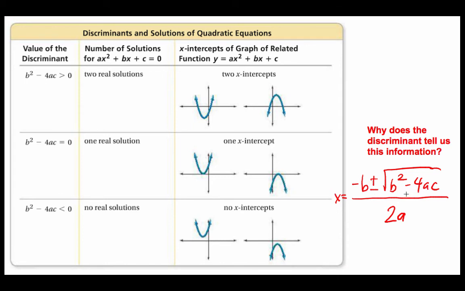That's where the two solutions come from. If the discriminant equals 0, we have negative b plus or minus 0, so the result is negative b over 2a. That's where we get the one solution. And if the discriminant is less than 0, meaning it's negative, then right away, a negative number under a radical means no real solution.